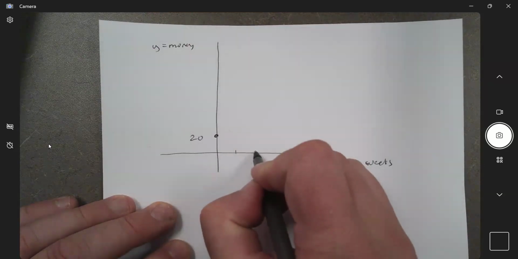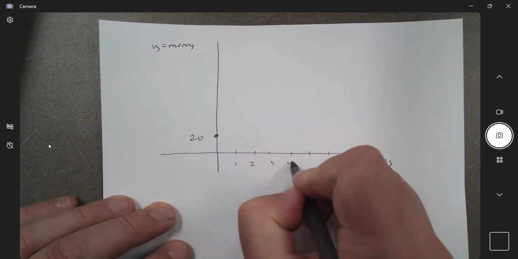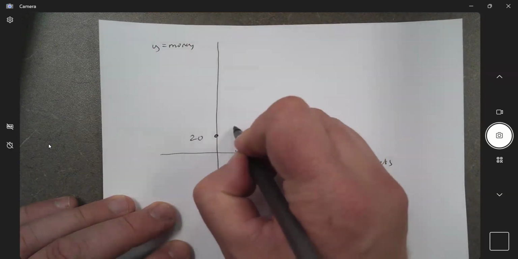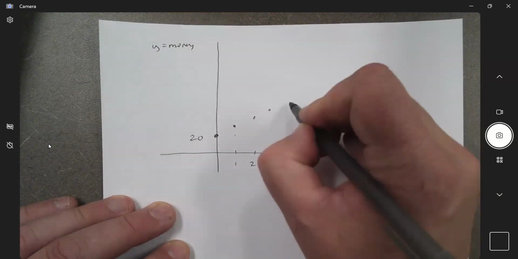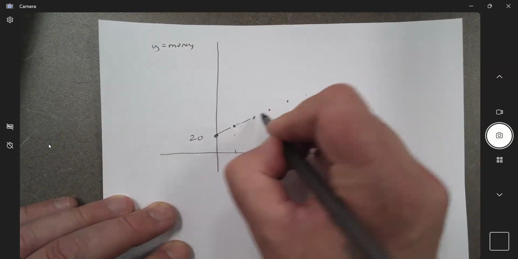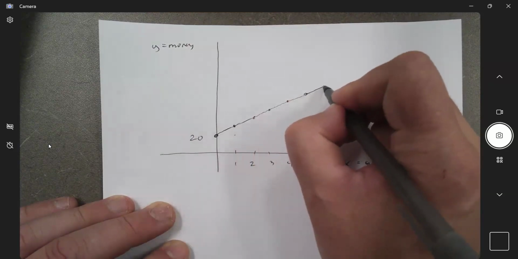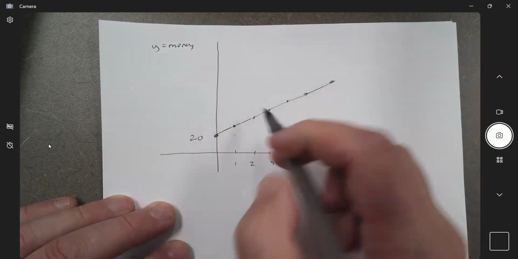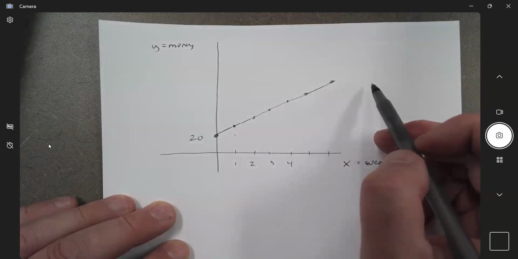And then we're gonna count by weeks. 1, 2, 3, 4. And each week I'm going to increase how much is in my piggy bank by $3. And so the dots, probably if I'm putting it in once a week, I wouldn't actually have this line connecting all the points, but we can visualize it this way.